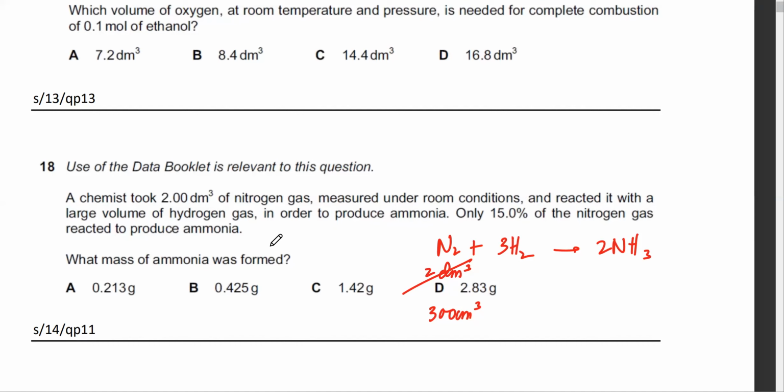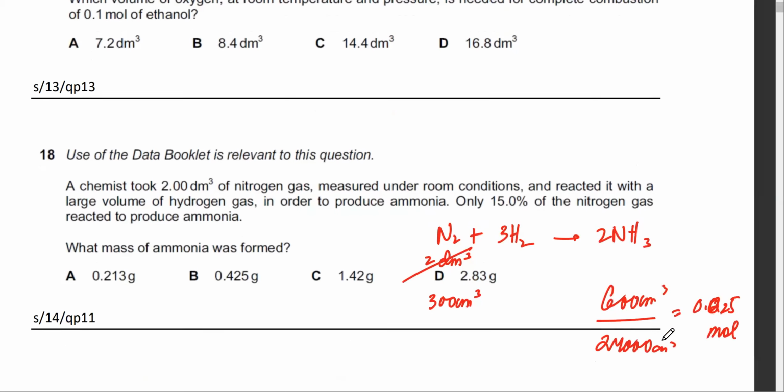And he's asking for the mass of ammonia. So what I can do is directly find the volume, which would be over here 600 cm cube, right? Or 0.6 dm cube, because it's 1:2. And I can divide by 24,000, or if it's 0.6, how many moles would I get? 6 divided by 24, that's 0.25, so 0.025 moles.